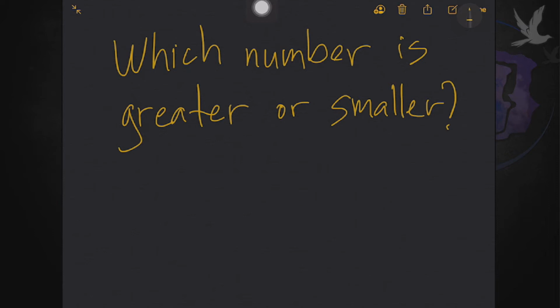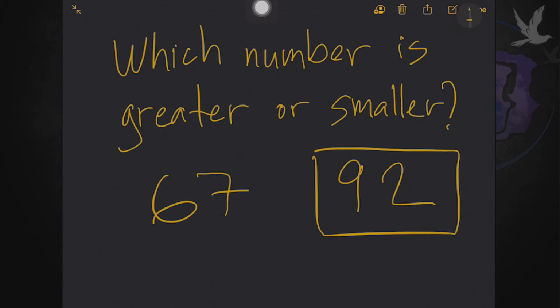Let's say 67 and 92. Okay, which number is smaller and which number is greater? I hope that you were able to choose this number immediately. Don't worry for those who are having a hard time. I'm going to explain later how to identify which number is bigger.